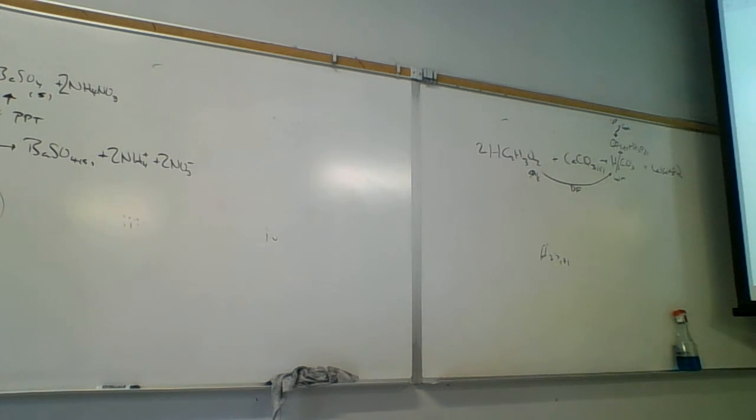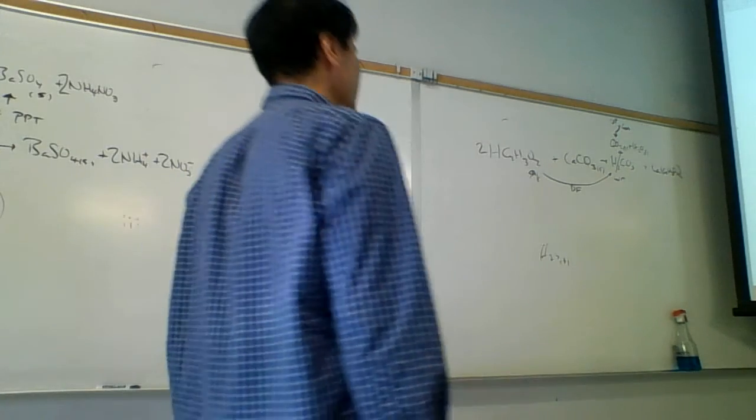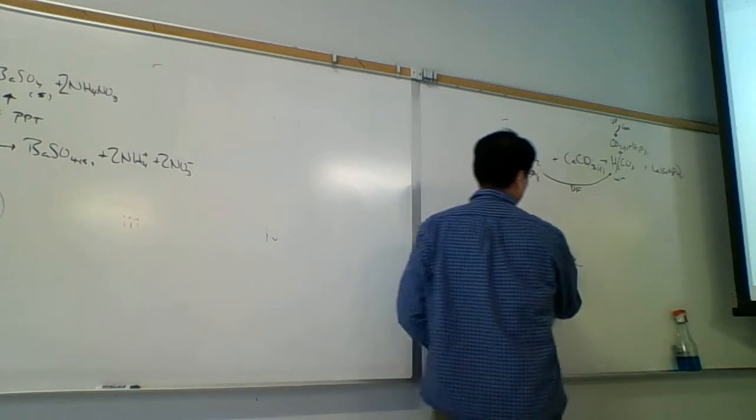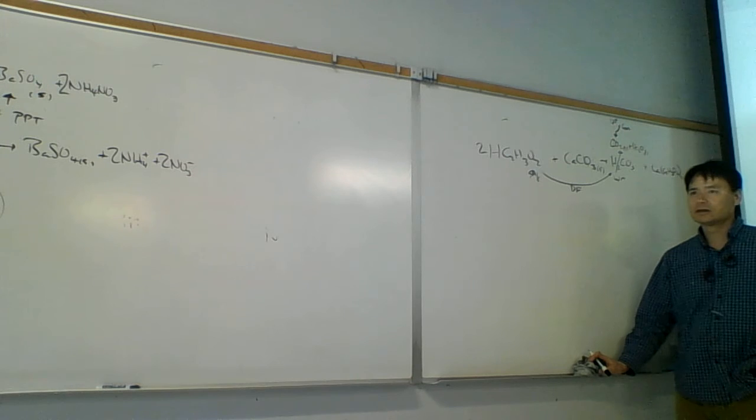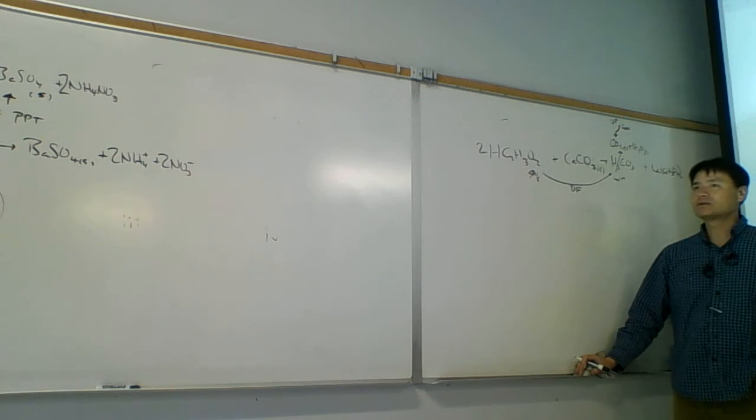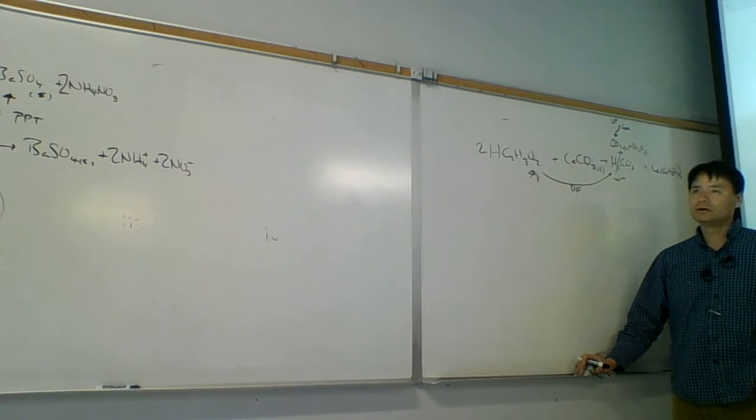No, we just have to worry about if metathesis doesn't happen, then maybe acid-base happens. If acid-base happens, then we treat this differently. This reaction works by metathesis, so just use metathesis. But if it didn't, we'd have to do the Bronsted method.